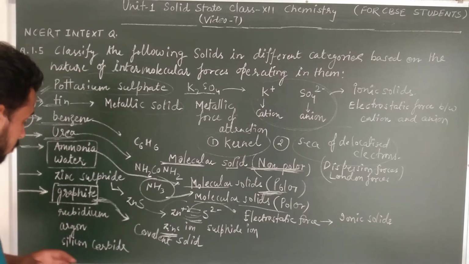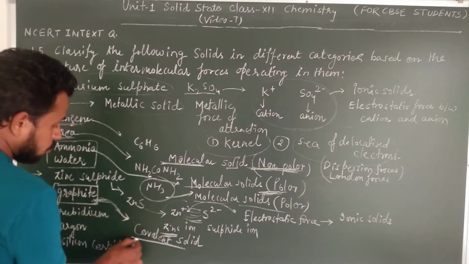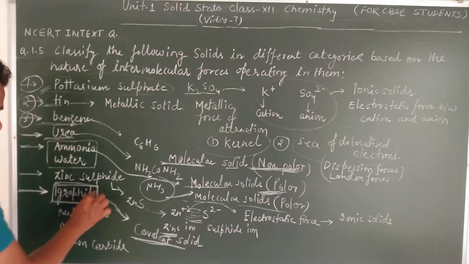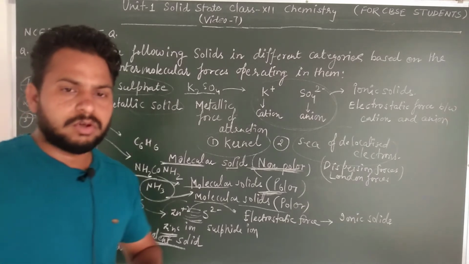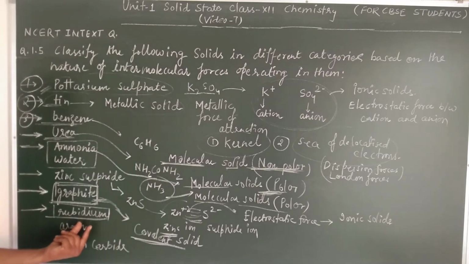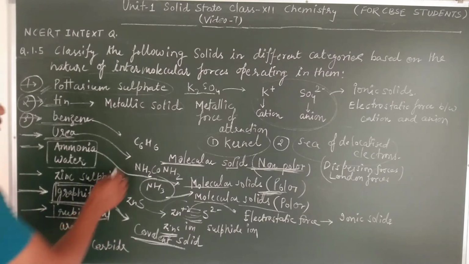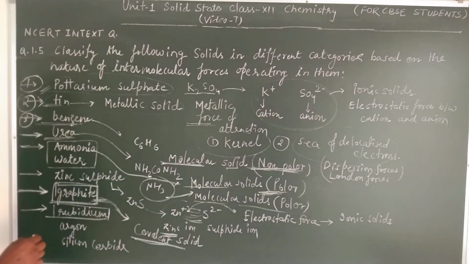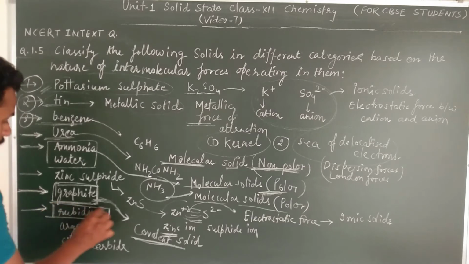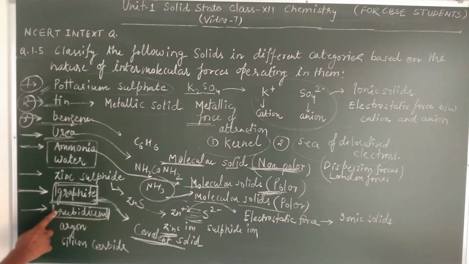So graphite is a covalent solid. If we talk about rubidium, rubidium is a metal. So in a metallic solid the force of attraction is the metallic force of attraction between kernels and sea of delocalized electrons. So here these are metallic solids and these are metallic solids.